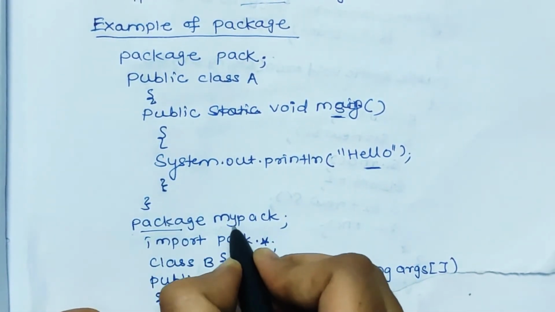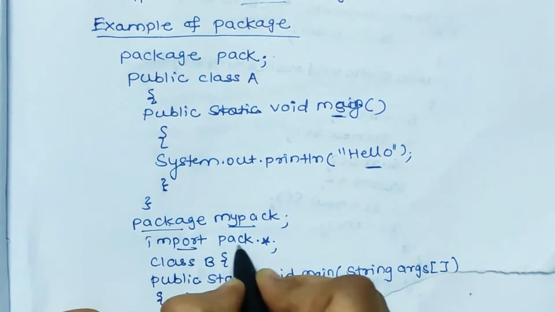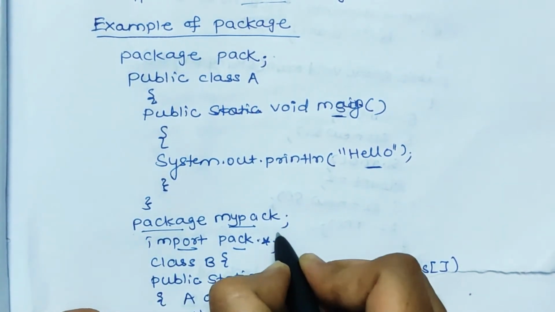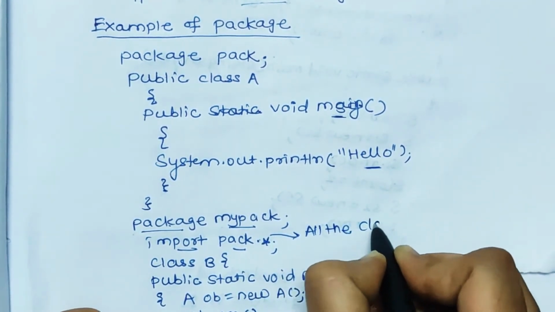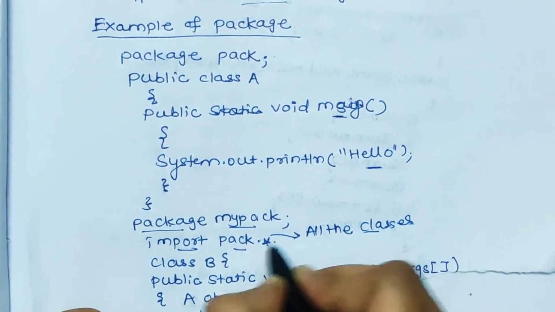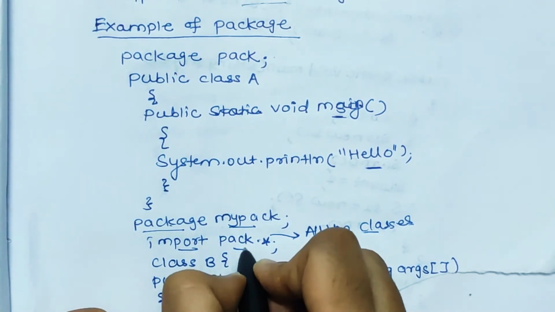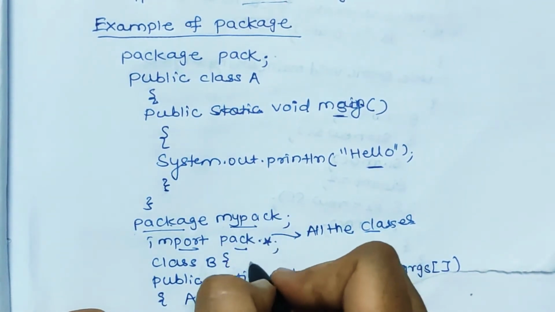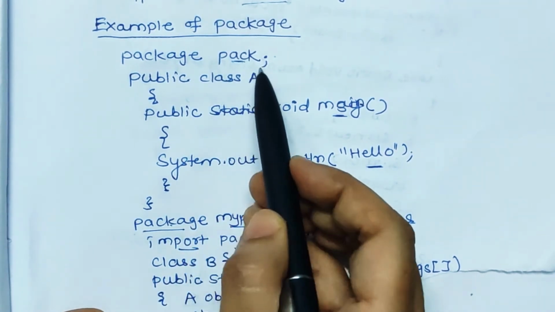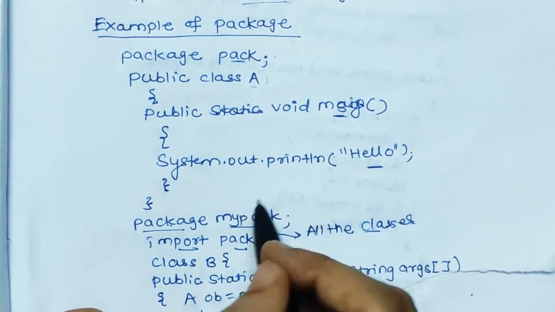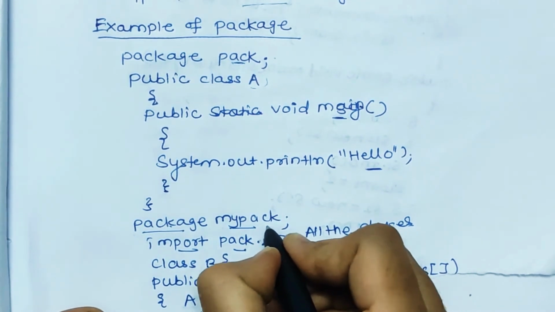So package mypack, then import pack.*. Star indicates all the classes in the package. Suppose I have to use only one class, I can specify the name of that class directly. In package pack there is only a single class A, so I can directly specify class A also.